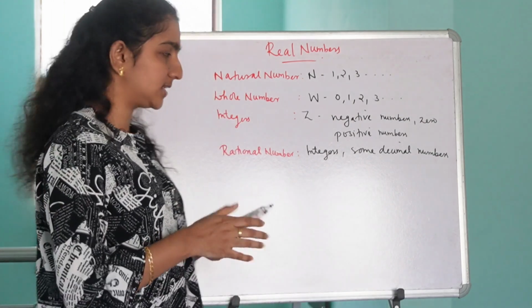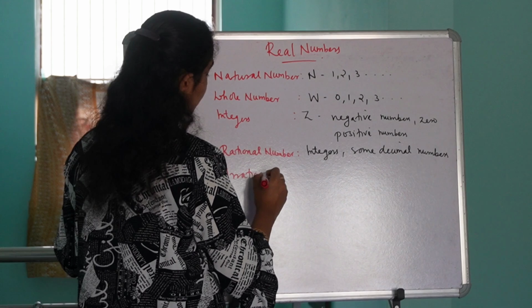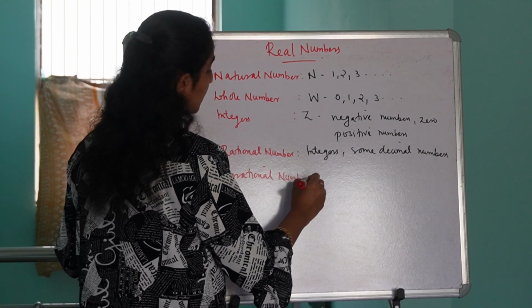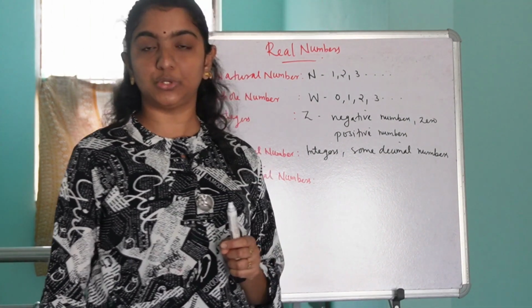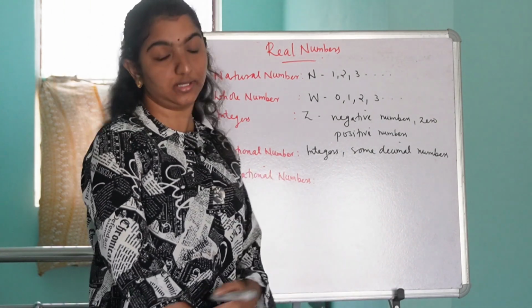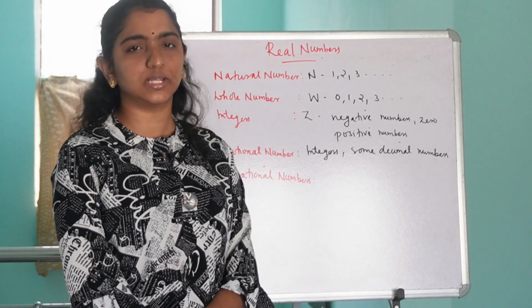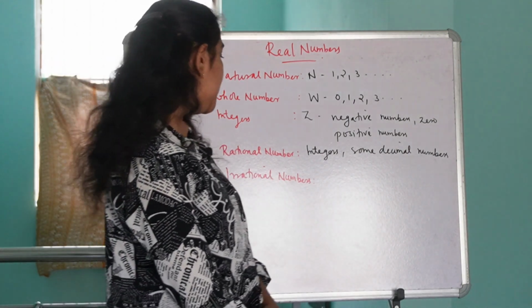So what do we call such numbers? We call such numbers irrational numbers. A collection of all those irrational numbers is the set of irrational numbers. Is it clear, guys?